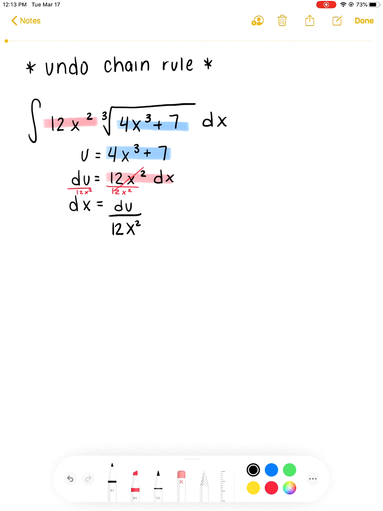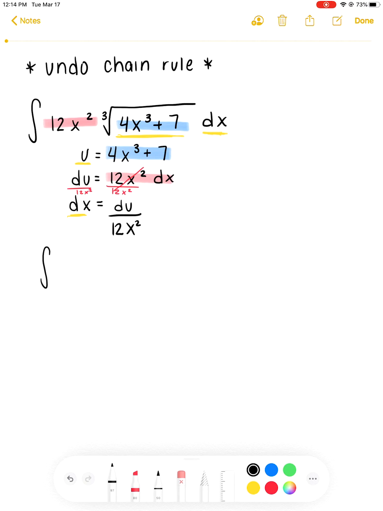All right, so the reason I did that was because then I can go back and I'm going to substitute into my equation. I'm going to substitute in my u, and I'm going to substitute in my dx in the equation. I'm not going to mess with the part I have highlighted in red yet, because I'm hoping that if I did everything correctly, it's going to cancel out.